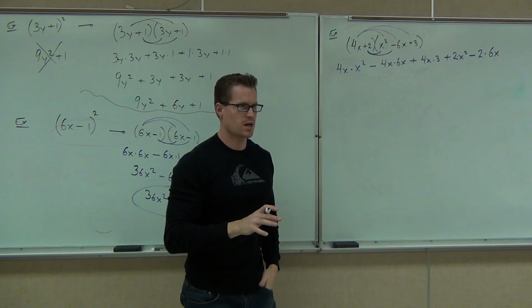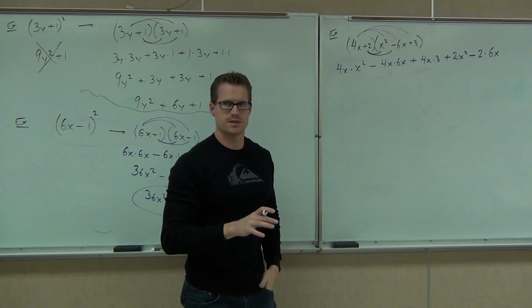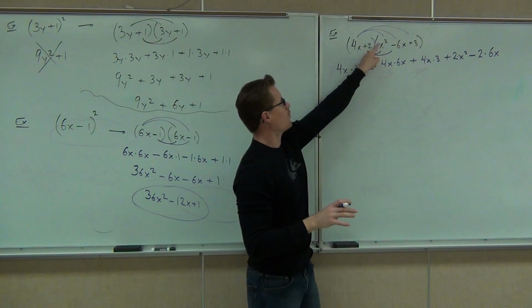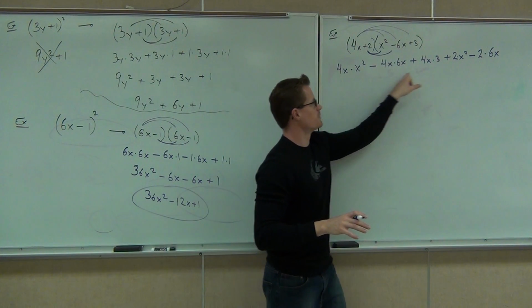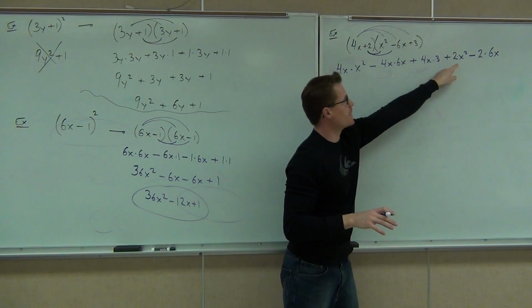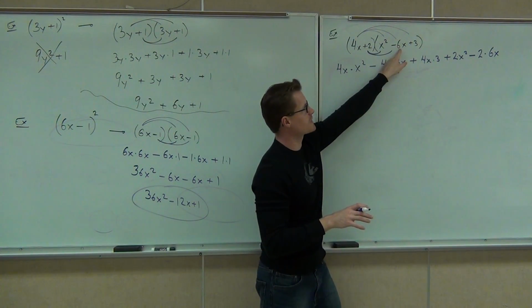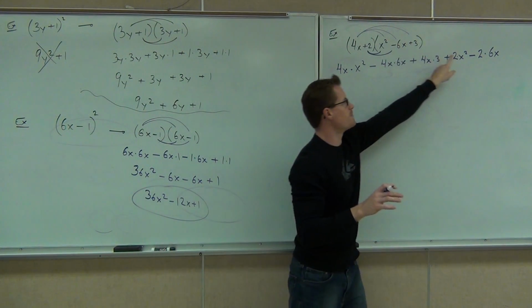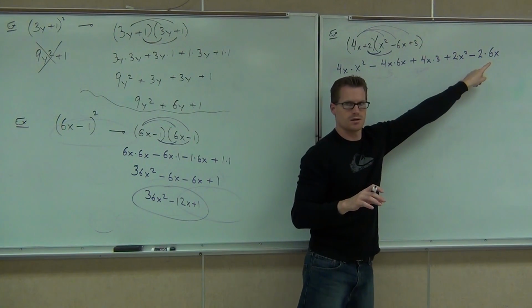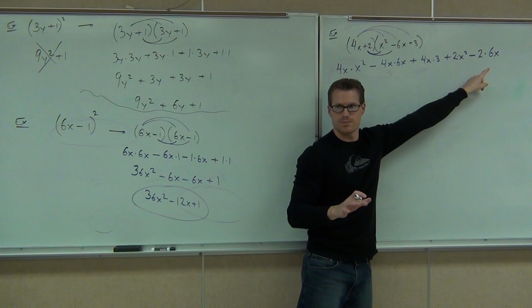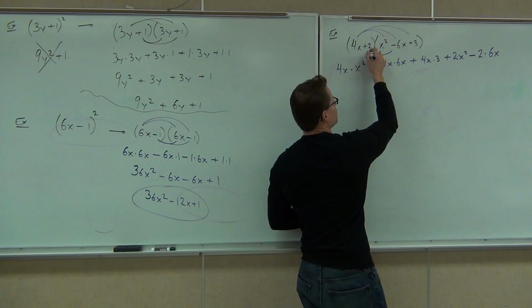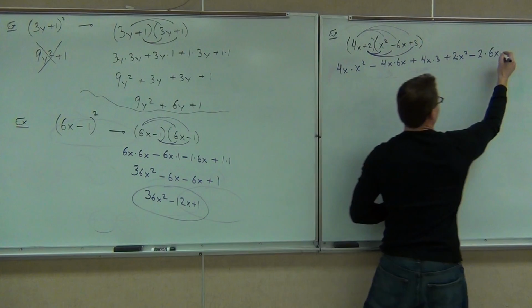You still sure you're okay? Let's see if we got it. We got 1, 2, 3. That's these 3. Then we got 2 times x squared. We got 2 times negative 6x. Use the signs for you. That's a minus 2 times 6x. You still sure you're okay with it? And then lastly, I've got plus 2 times 3.